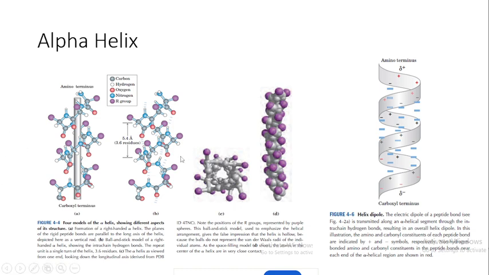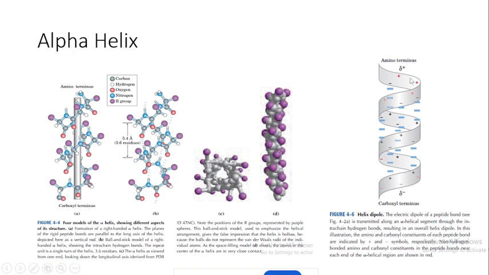The next question is, in this 54 angstrom length, how many residues are there? 36. Yes, very good, 36 residues. So the answer is clear.